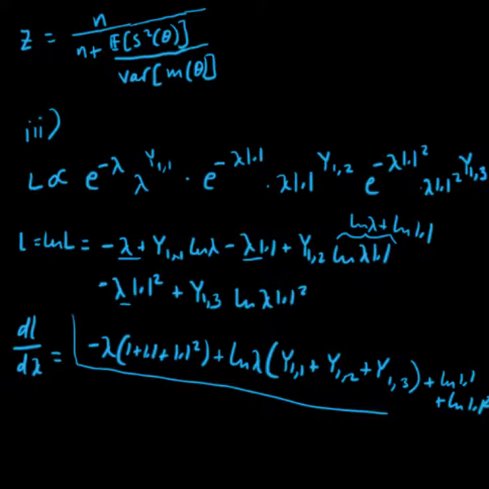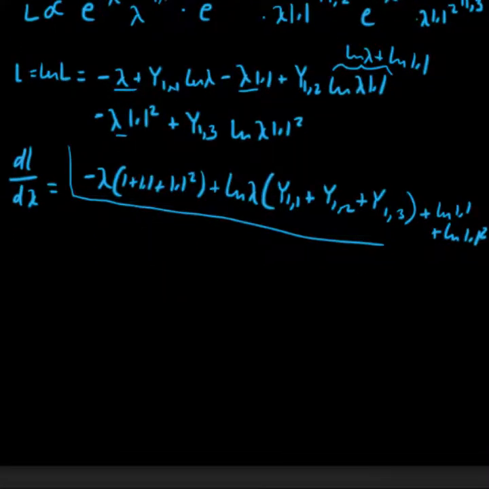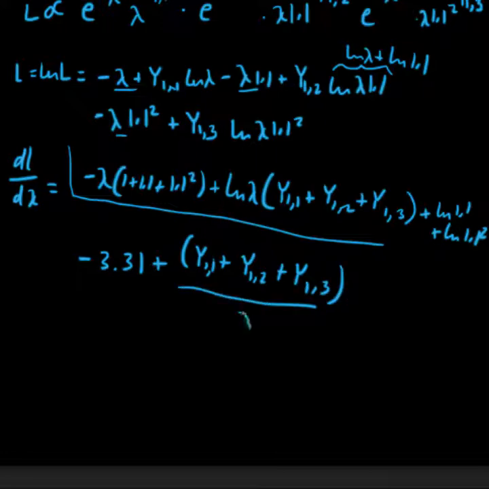And then when we take the derivative of that, we're almost there. That's just going to be negative, whatever this is, that's 1.21, 2.31, 3.31, so negative 3.31, plus y1,1 plus y1,2 plus y1,3, all over lambda, and that's going to be equal to 0. Then we'll be able to find out what lambda is equal to. It's this sum divided by 3.31.